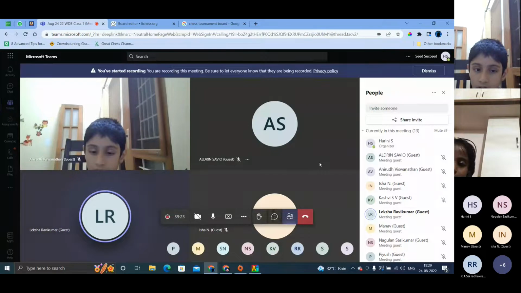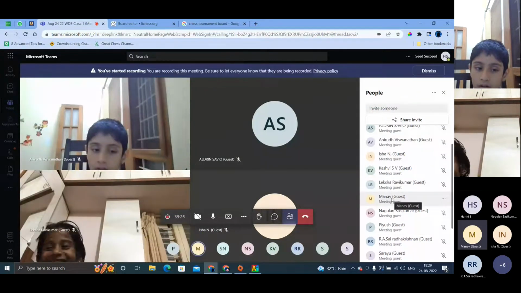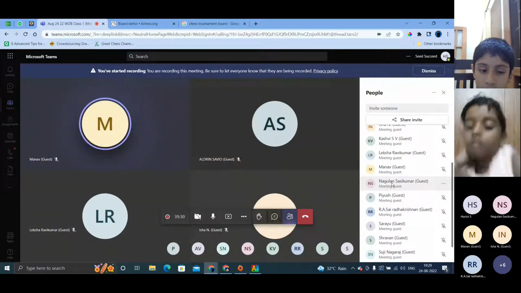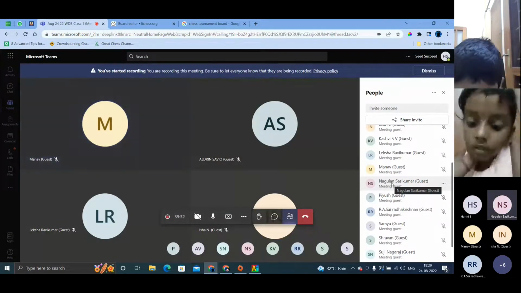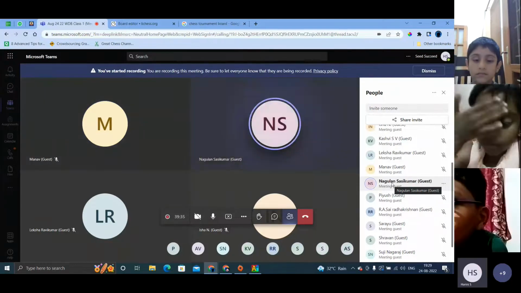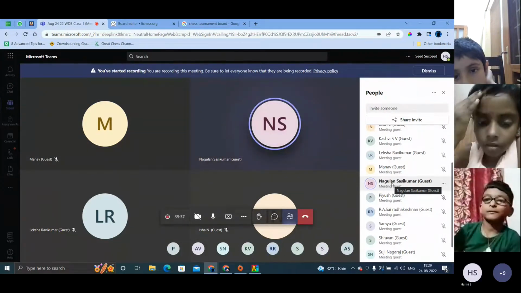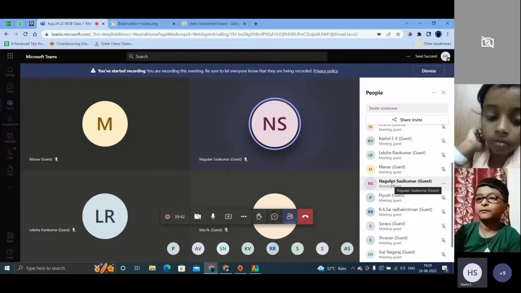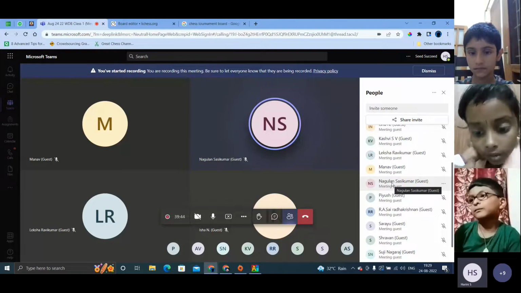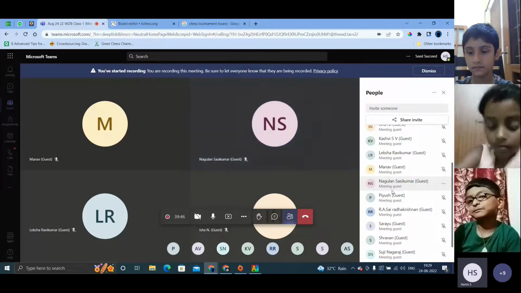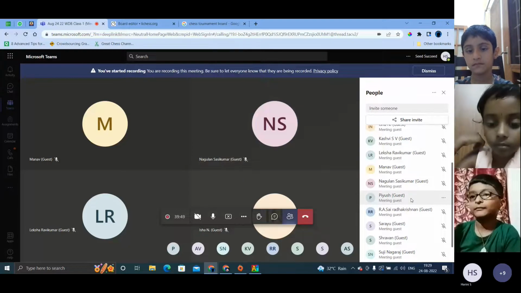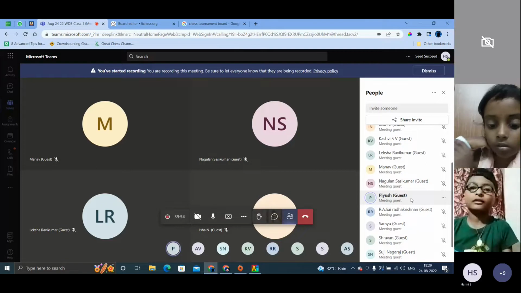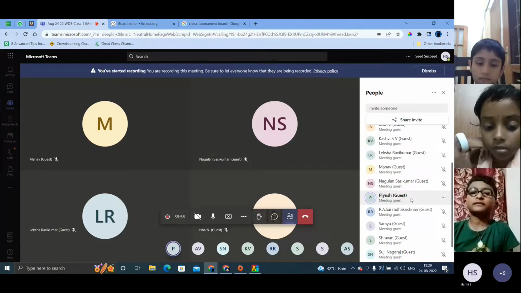Manav, light on right. Nagulan, light on right. So which means light square must be there on the right hand side, right hand corner of the board. Okay, Piyush, can you tell? Yes, ma'am. Light on right. Sai, can you tell?